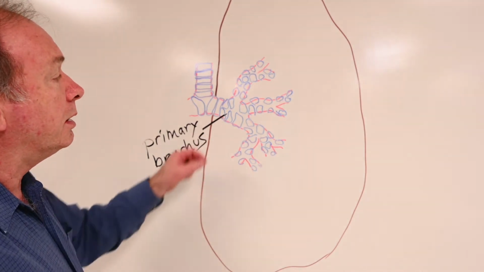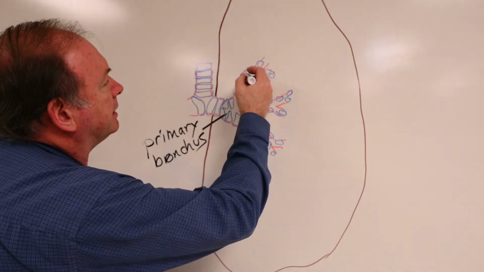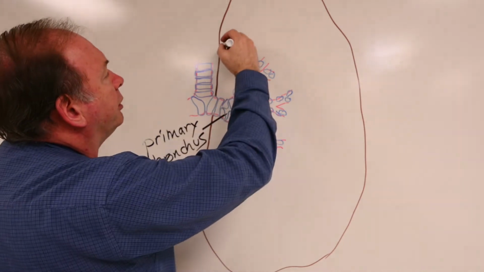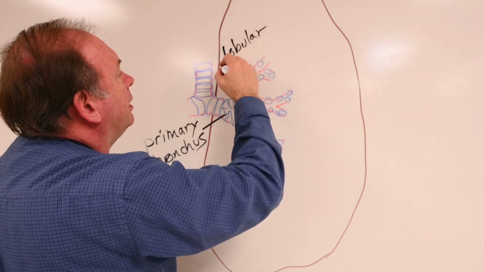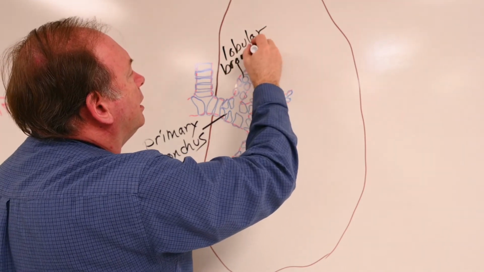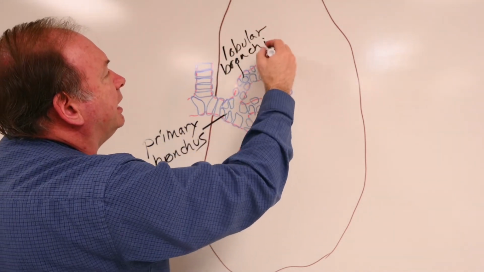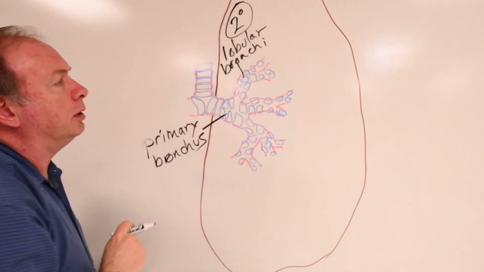That primary bronchus will branch into smaller bronchi that are sometimes referred to as lobular bronchi. Most often we refer to them as secondary bronchi or lobular bronchi.